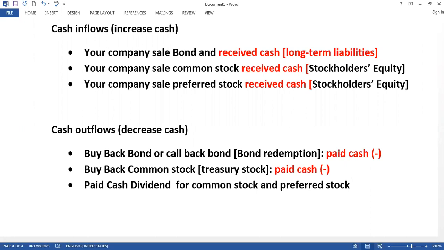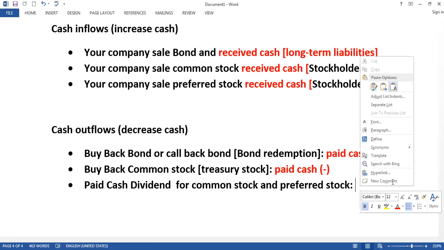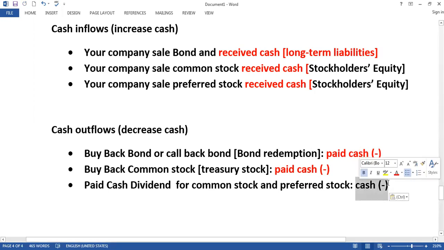So when you pay cash for common stock and preferred stock, it means your cash decreases.